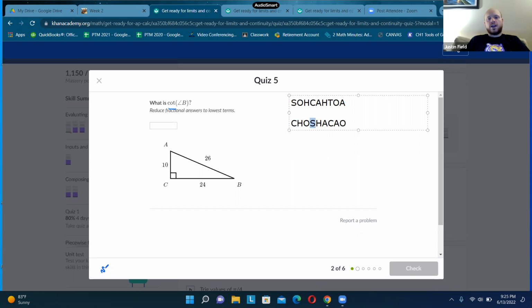The secant is hypotenuse over adjacent, and cotangent is adjacent over opposite. So you can go like this. Oop, nope. You know, make the slashes, and then you will be more precise.